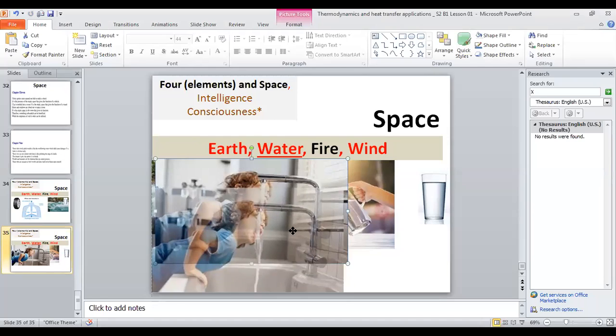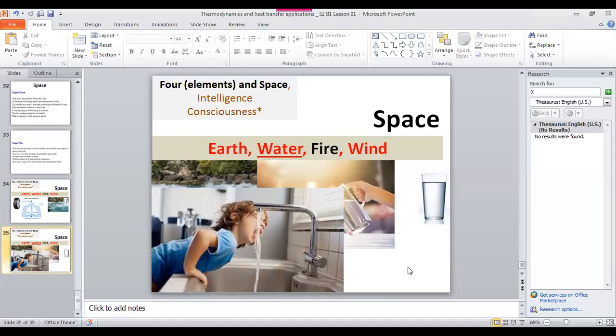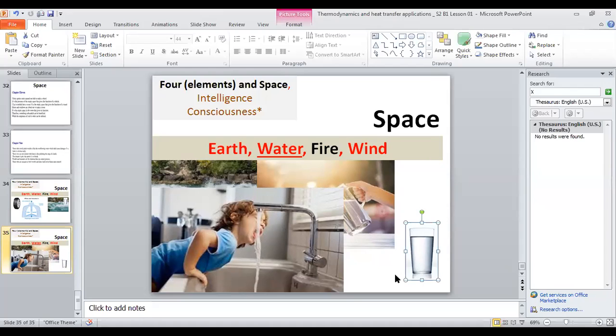This is the basic quality of water. What we consider is the flow. In the four elements, water means whatever its flowability. So let's say when we take the water in the glass this way, is this water flowing? No. Okay. This water is not flowing.